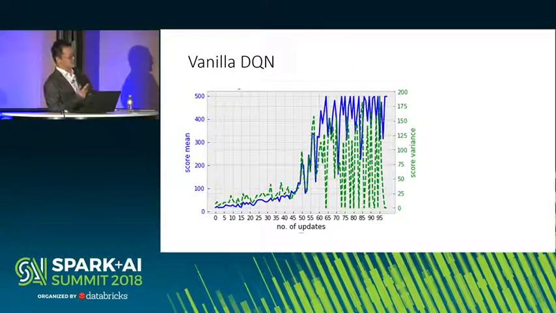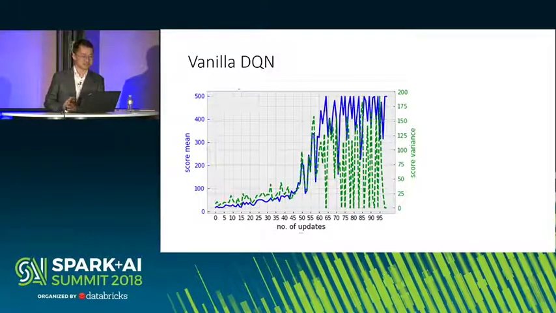And with this DQN, well, this super simplified DQN, we can get a result. The vertical axis stands for how long the agent can play the game. So at the start, the agent will fail the game frequently with a low score, and gradually it will learn how to play the game.